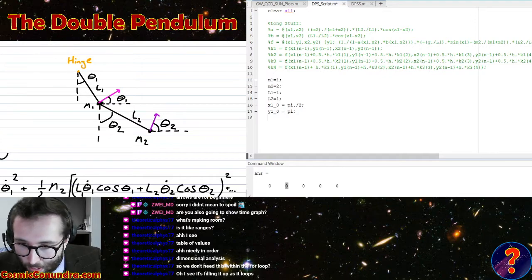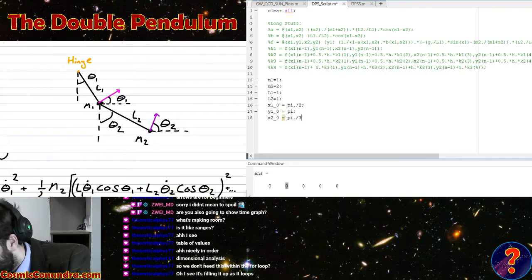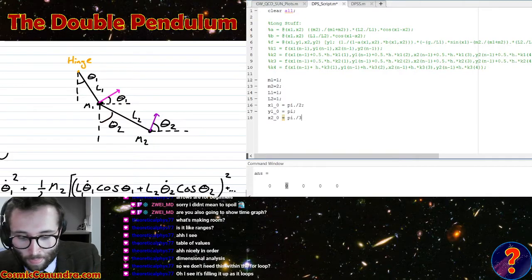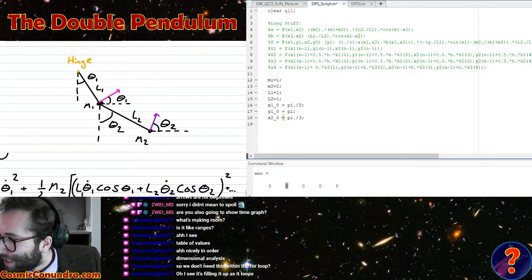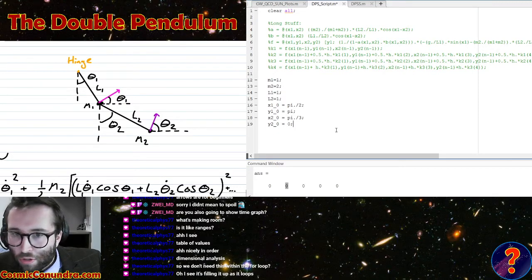So we're giving it quite a big push. Then x2 naught, let's call that pi over 3. So this is initially at 60 degrees to the vertical, the second theta 2 here. And I don't think I'm going to give it a speed. Initially, the second one is just standing still. Okay, those are our conditions.